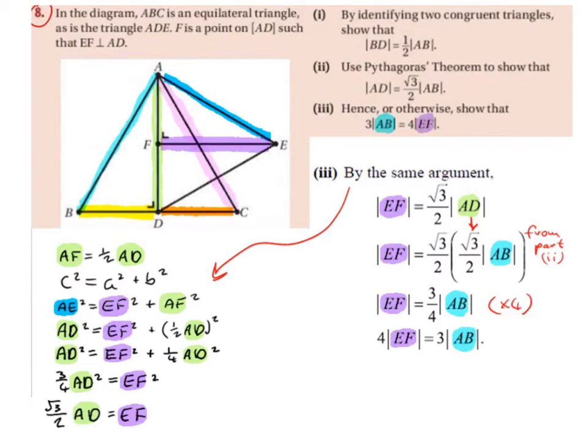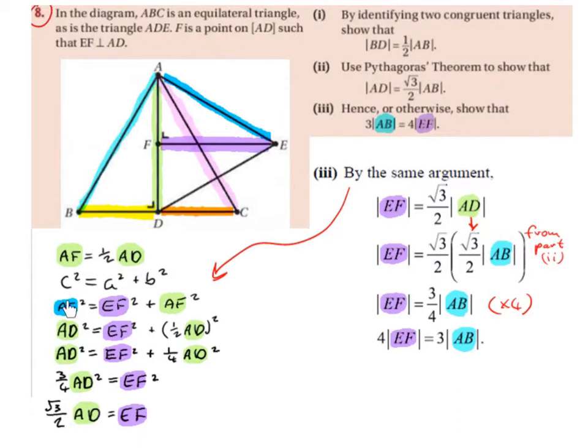And again, using Pythagoras' theorem, c squared equals a squared plus b squared, we let the c be AE, the hypotenuse of the triangle AFE, the a be EF, and the b be AF. So this is our right angle triangle. So AE squared is equal to EF squared plus AF squared.